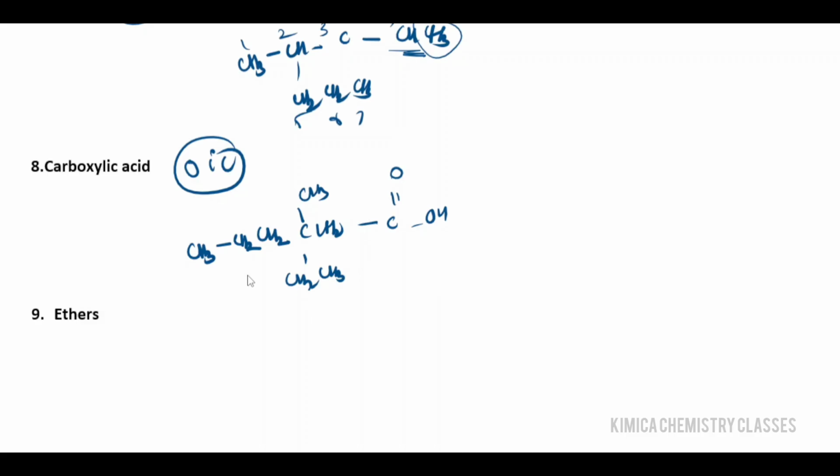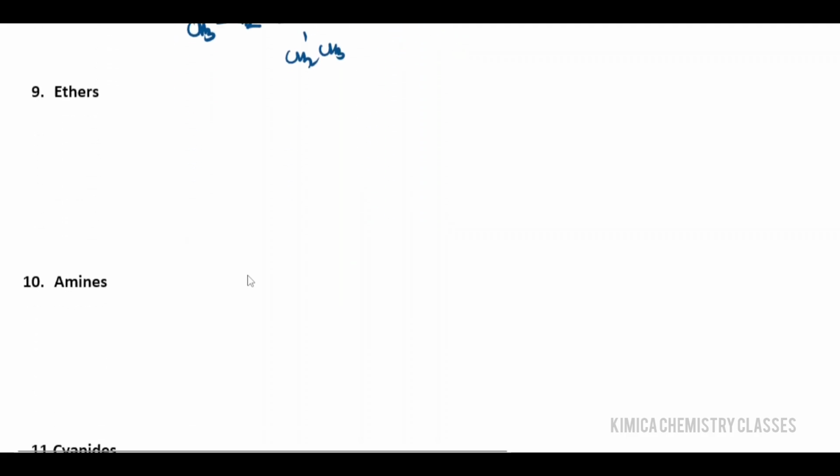In ethers, these compounds are named as alkoxyalkanes. Ethers are named as alkoxyalkanes, and the smaller alkyl group along with the oxygen atom is known as the alkoxy group. So I will give you one example.